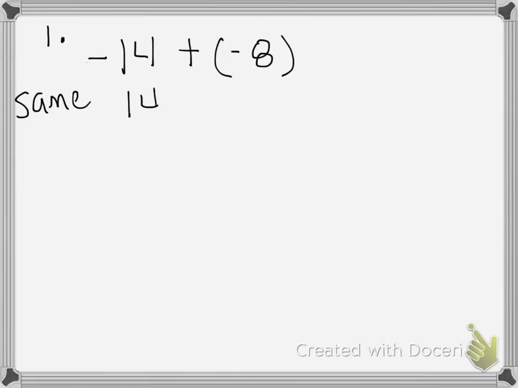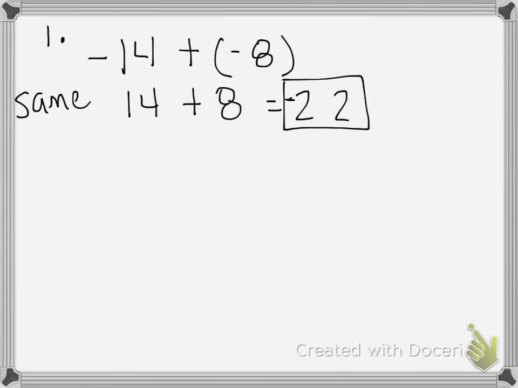We add 14 and 8, which is 22, and then we keep the sign, which means it's negative 22. So that is our answer. We added them since they're the same sign. Add, keep sign.